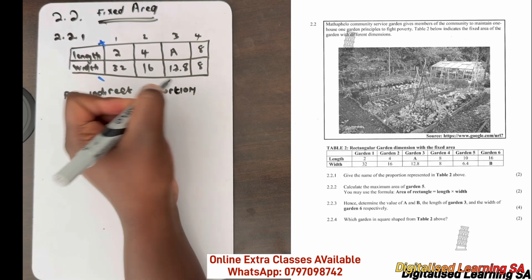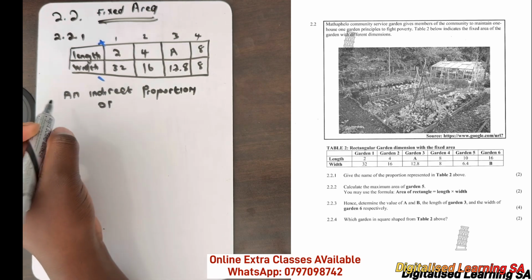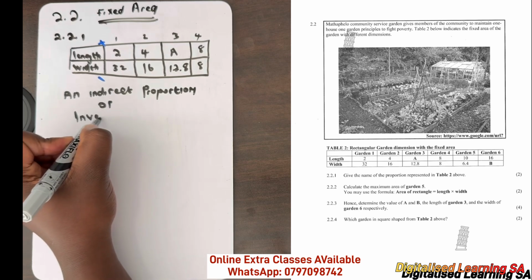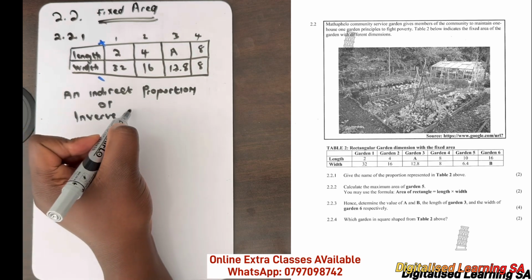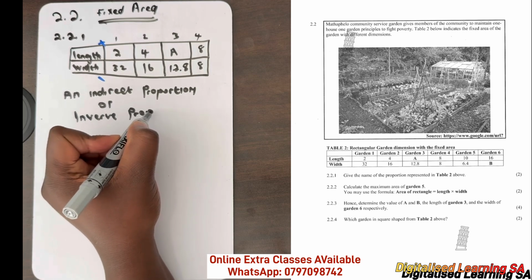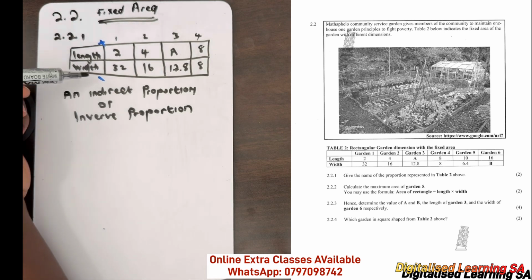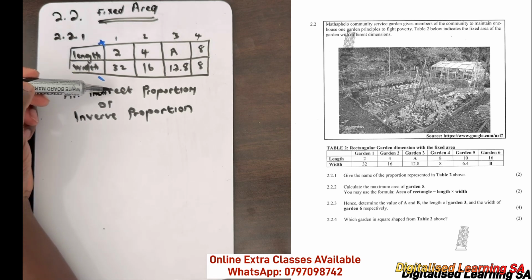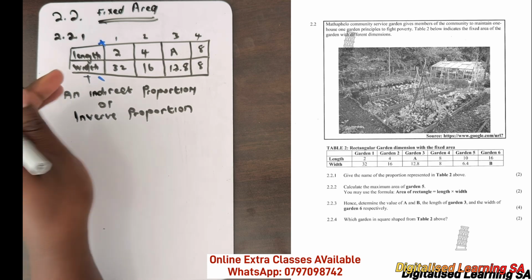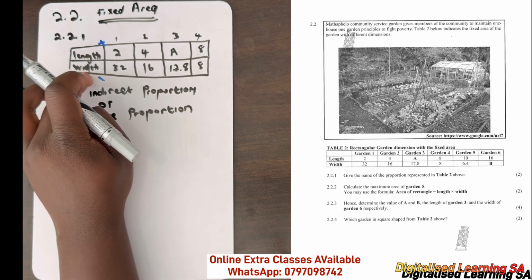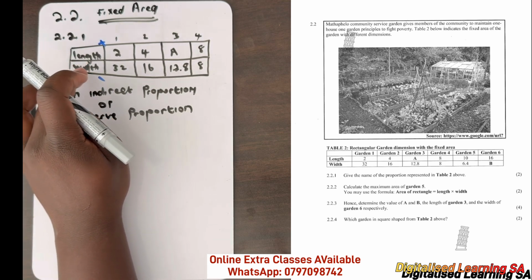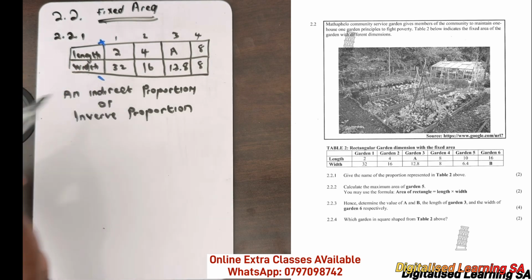An indirect proportion is also called an inverse proportion. If they were both increasing, we would have a direct proportion, not indirect. But in this case, when the length is increasing, our width is decreasing. That's why we have an indirect proportion or an inverse proportion.